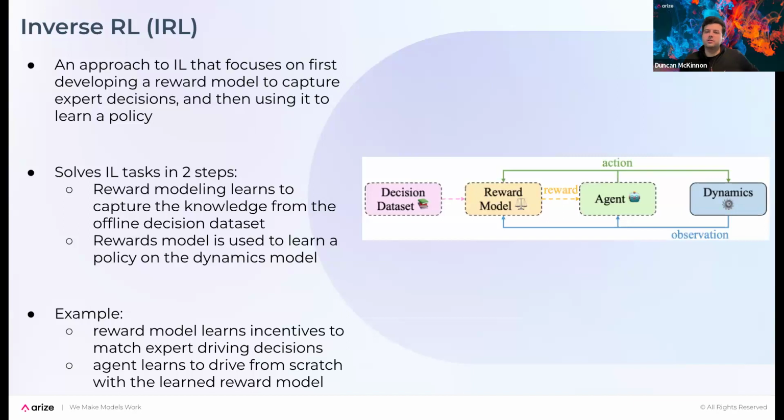So the next logical step from imitation learning is this idea of inverse reinforcement learning. The author talks about it as a type of imitation learning, but it works in two steps.